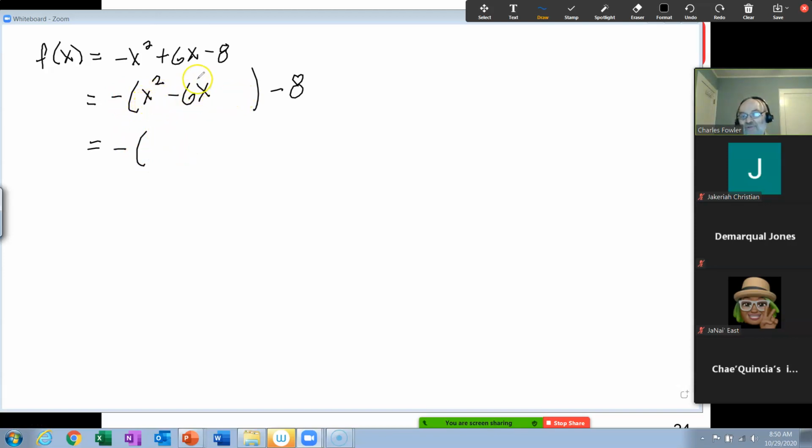Now, how do we do this? Take half of the linear term. Half of minus 6, okay, write down your x. Half of your linear term is minus 3, okay, the coefficient of the linear term. That's going to become your perfect square trinomial.